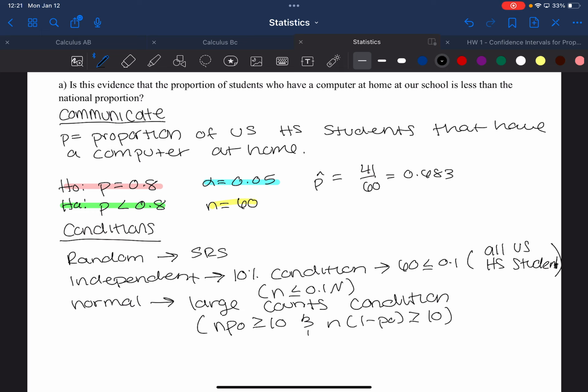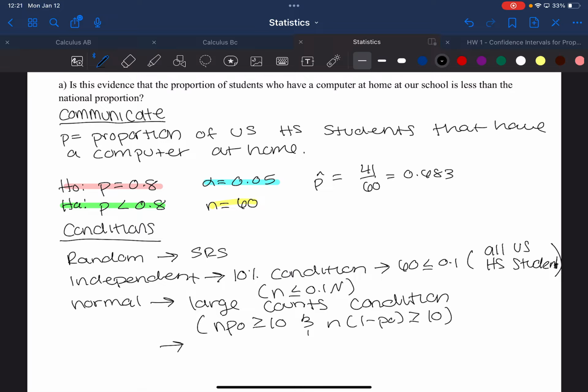Remember, we had a large counts formula for significance and one for confidence interval. If you put N times P hat, which is for confidence interval, as your formula for the normal condition, it would be marked wrong. So only put the formulas if you know it. If not, just saying large counts condition is fine, and then you plug everything in.